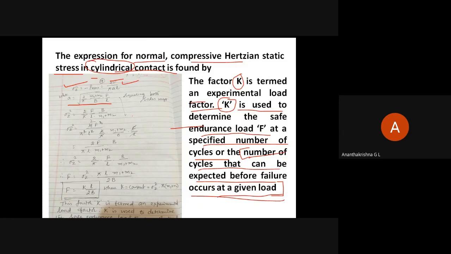Did you check? Because we have solved so many problems, we have taken it so many times. I have told you some 15-20 times. What are M1 and M2? Take out a notebook and check.